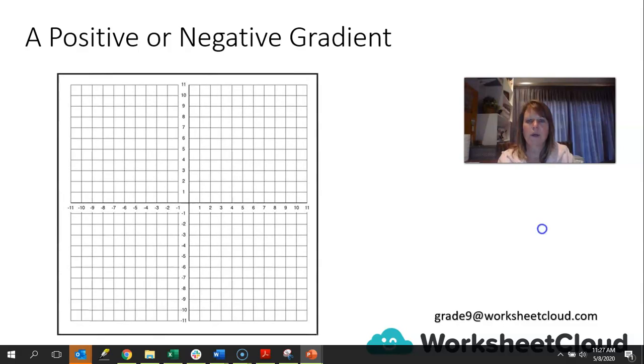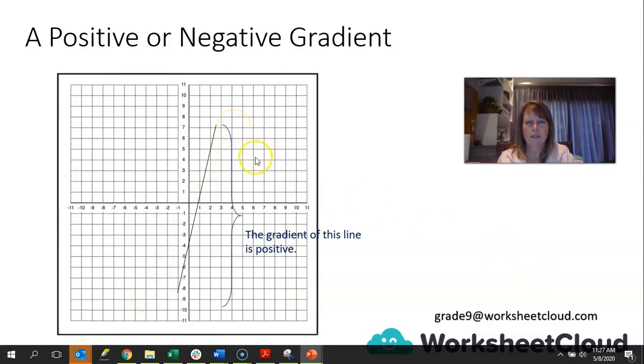To look at a negative or positive gradient, we look at the same line and say the gradient is positive. Okay, so the change in y over the change in x is going to give us a positive number, and that means that the graph is going to look like this. It goes from the left hand side at the bottom up towards the right.